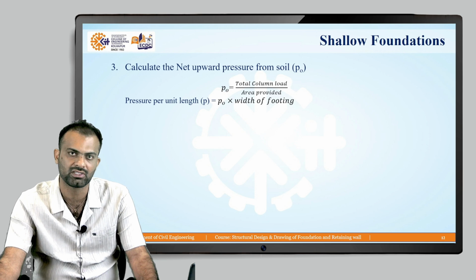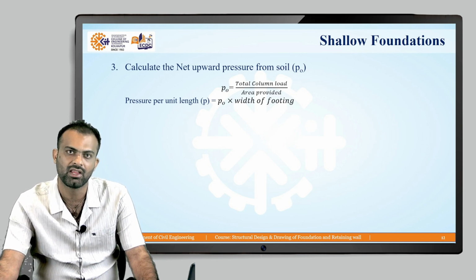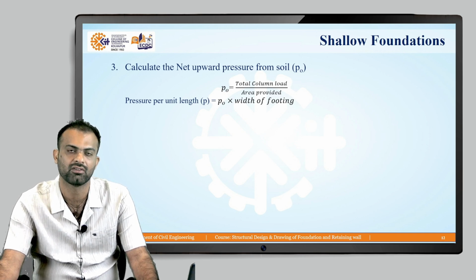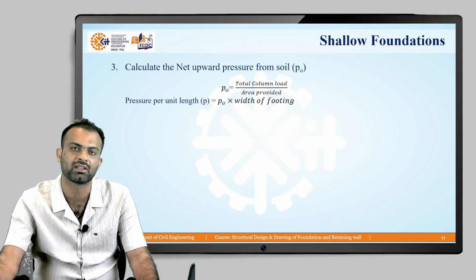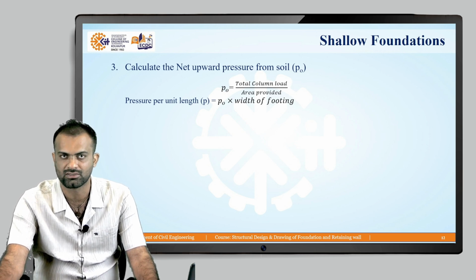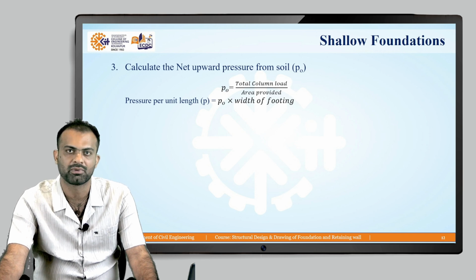Because in one-way shear, the reinforcement will be placed along the length, we need pressure per unit length in the direction of the width of the footing, so that we can check the reinforcement per meter length. So in that scenario, we use the pressure per unit length. Now we know the net upward pressure from the soil and the footing from this step.